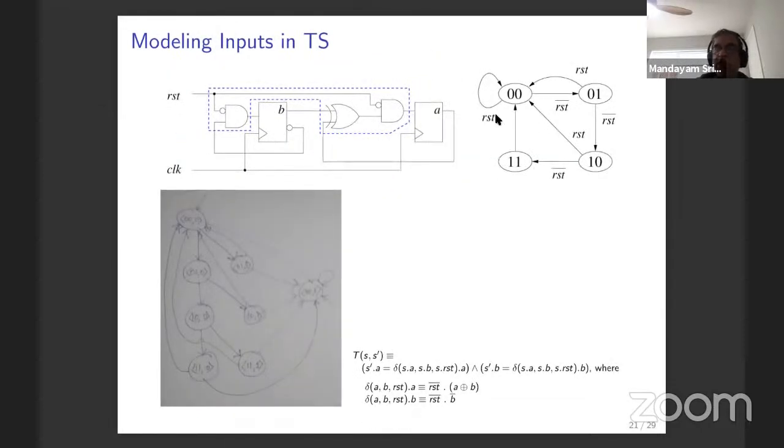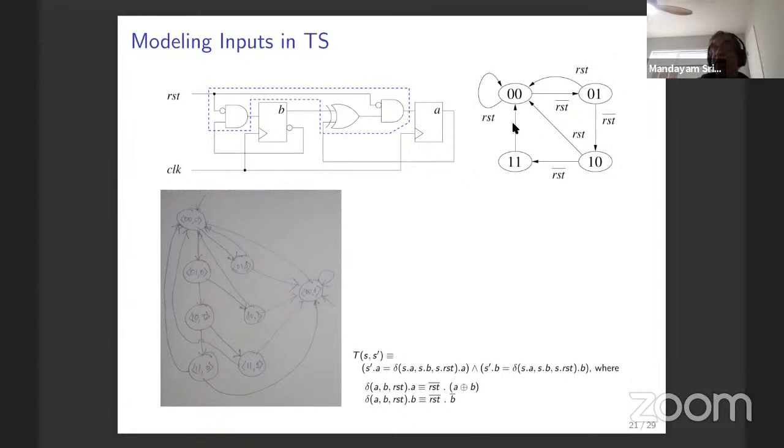Yeah, so the reason I showed this picture is because this is a modeling of an open system. Here, as components of the state, I'm only including the state holding devices of the system. And reset I've explicitly indicated as something coming from another system, which has its own transition system. There could be two modules that are sending outputs to each other. That way, the system is dependent on an external input.